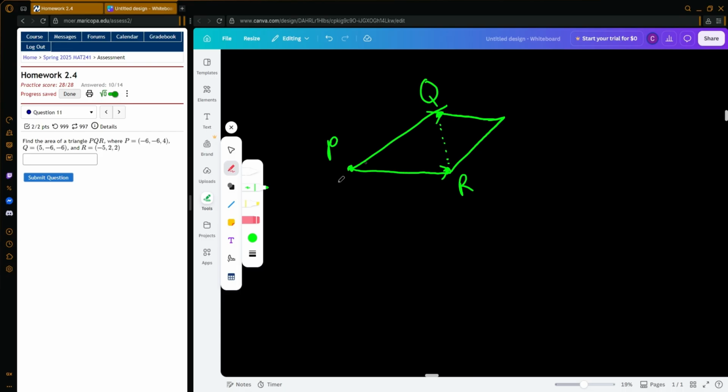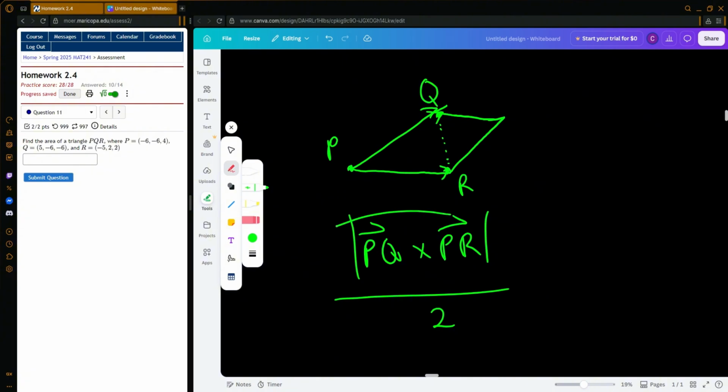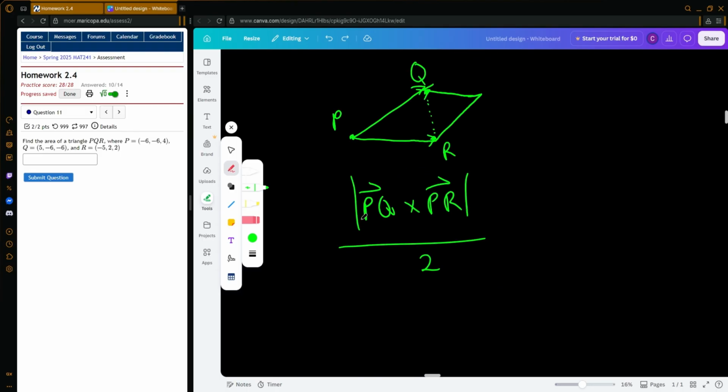So we're going to take the vector PQ and cross it with the vector PR, and then we'll take the magnitude of that and cut it in half, because the magnitude of this cross product is going to give us this whole area. We have to cut the area in half. So that's what we'll do.